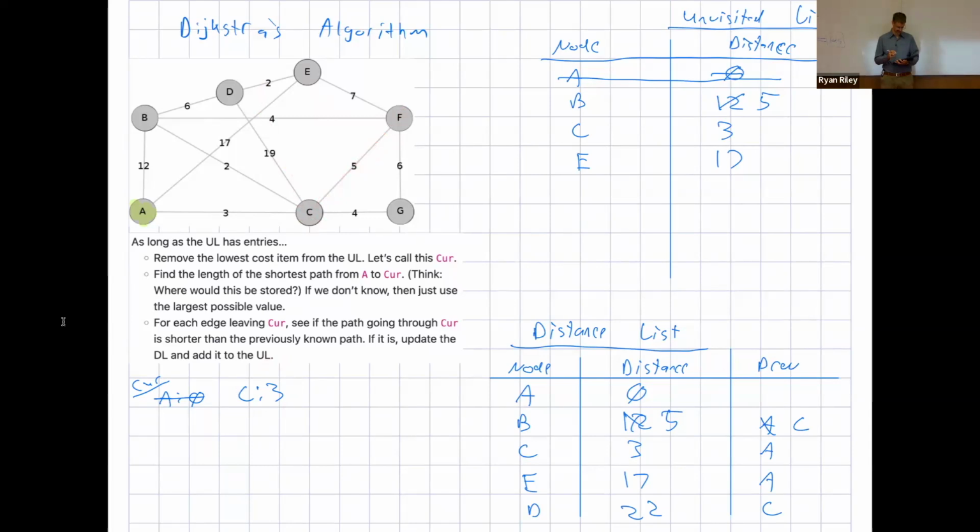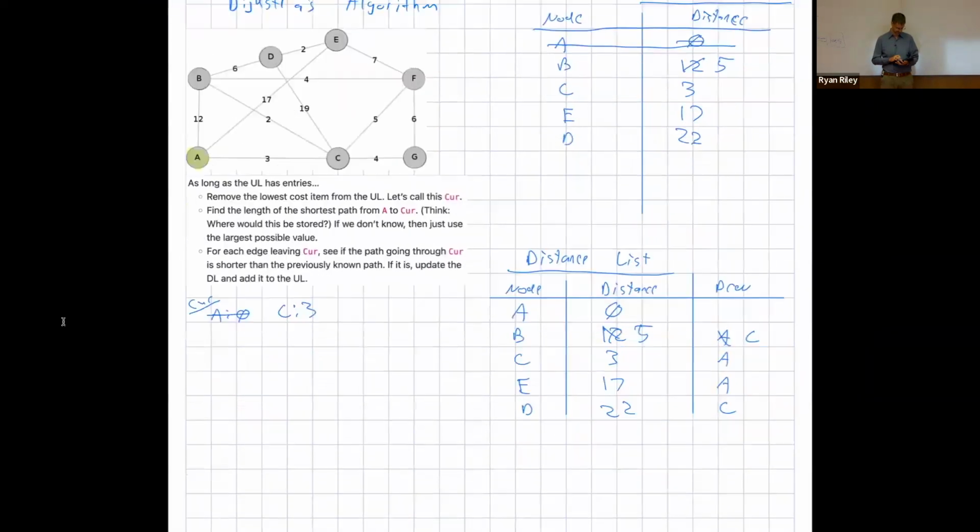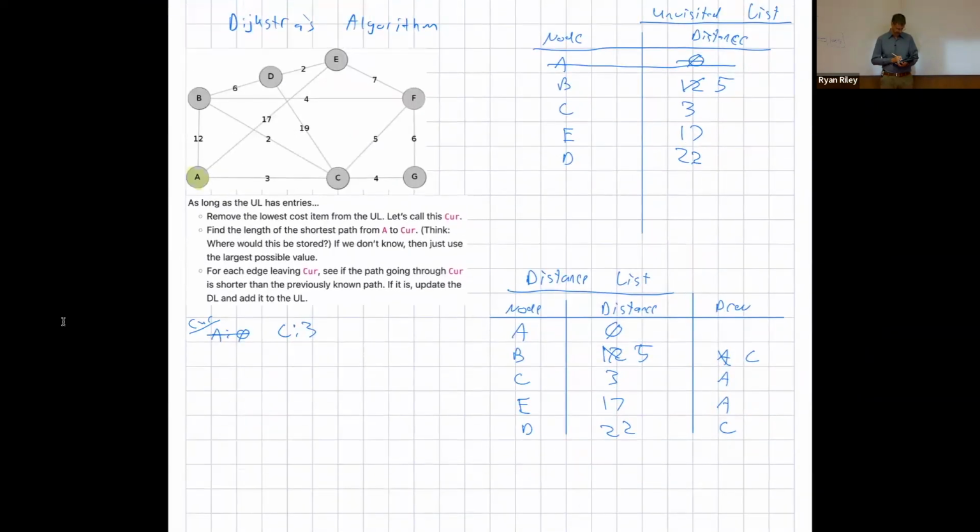Oh, I almost forgot. Because I just found a new one, I have to add them to my unvisited list and get to D in 22. Okay, now then, back to F. Zoom out a little bit. So I'm going to say, great. I can get to F in 8 via C. Boom. And I have to add them up here because they're also new to me.